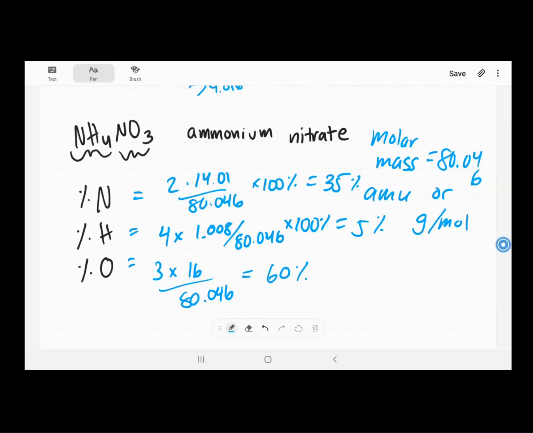I got roughly 35. Apparently we got 0.046 on this one. Depending on what periodic table you're using, it might be slightly different, but this one is very close. So, Zoe, I did get 35%, so go ahead and check your things again.